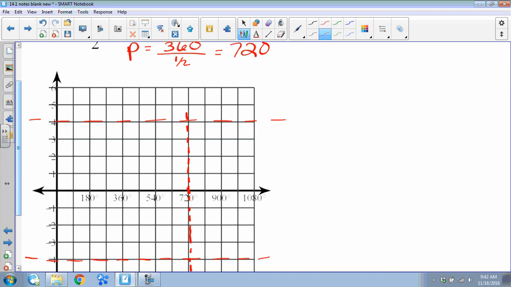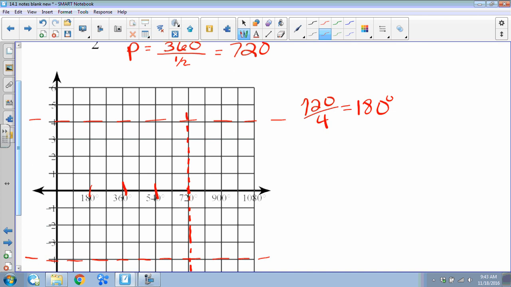Okay? So, it's divided into 4 equal sections. So I do 720 divided by 4. And I get what? 180. So each hash mark moves 180 degrees. Okay? So, there's the first one, 2, 3, 4.